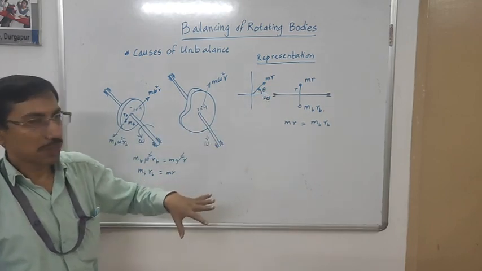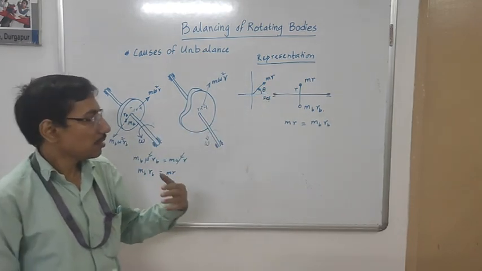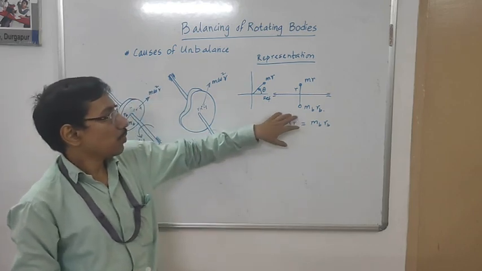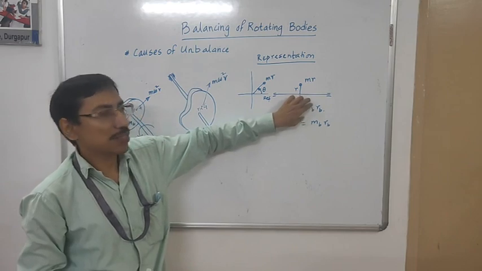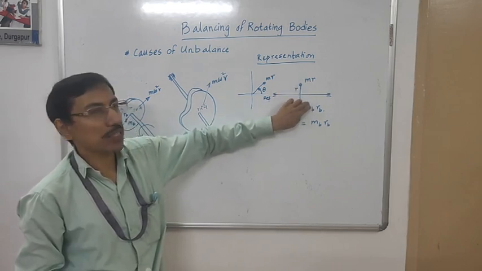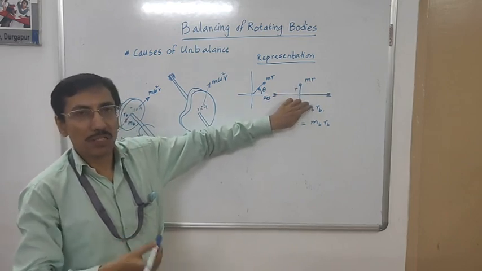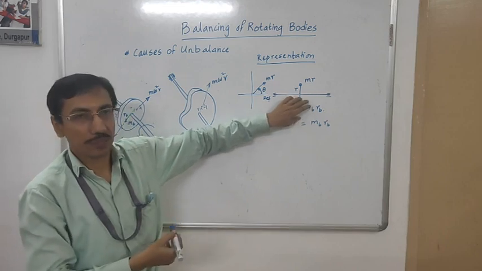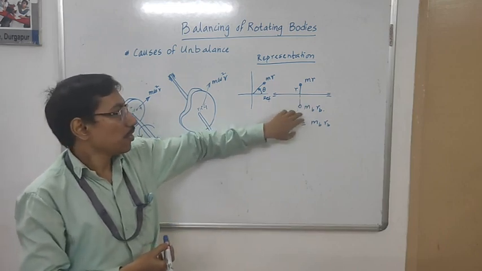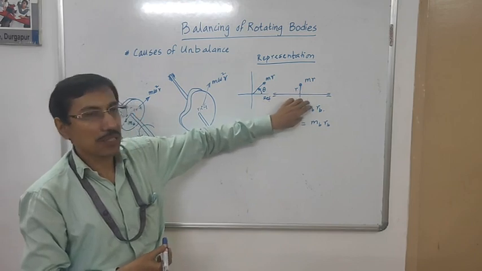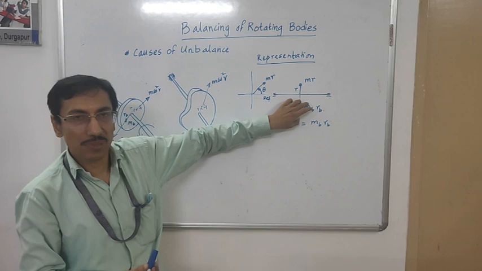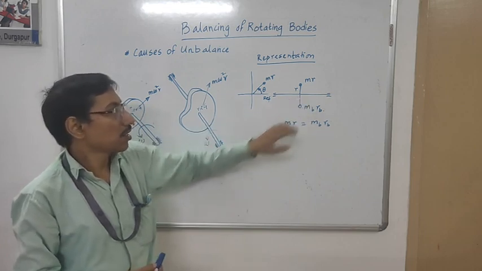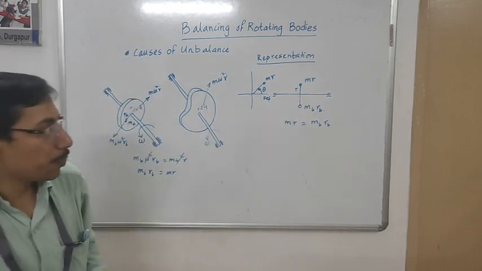Now suppose there could be a real situation where we would observe that we cannot place the balance mass exactly at the diametrically opposite location due to inaccessibility of the position. Okay, so if this diametrically opposite location is not available to us, then we cannot add here any mass, of course. So in that case, we propose a different approach.